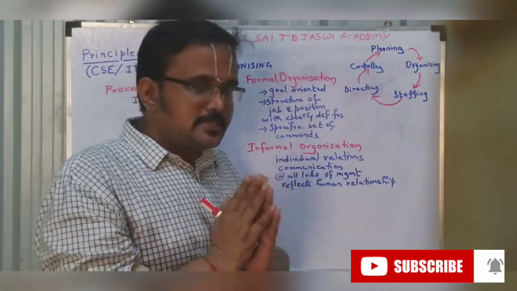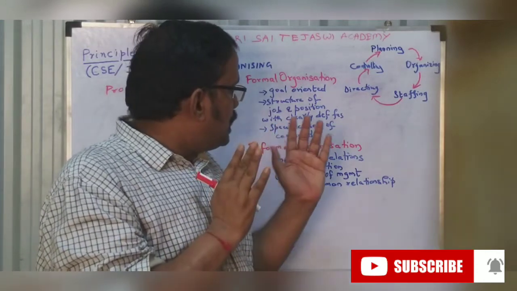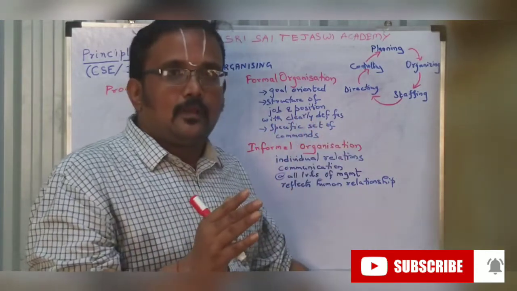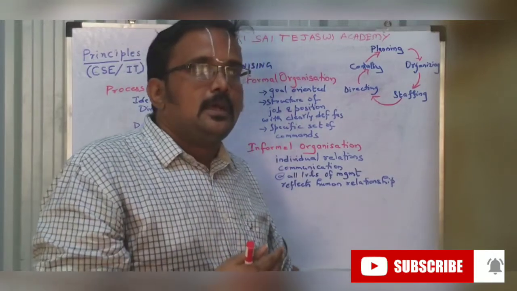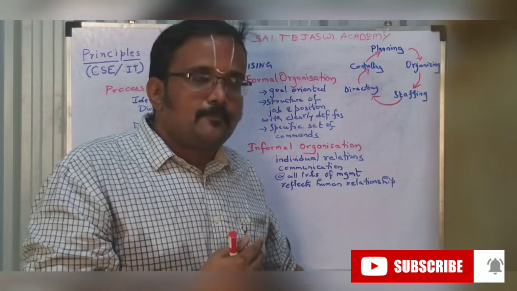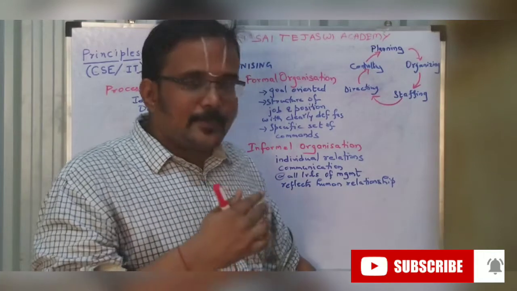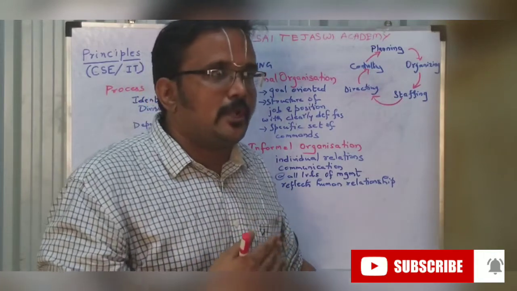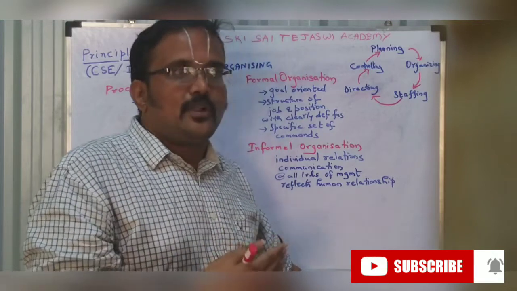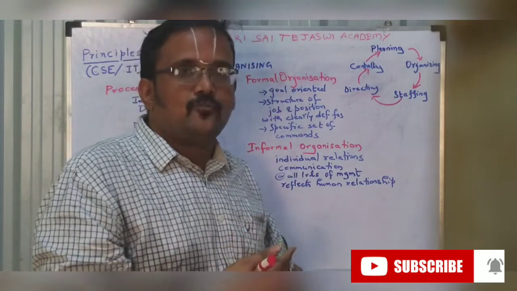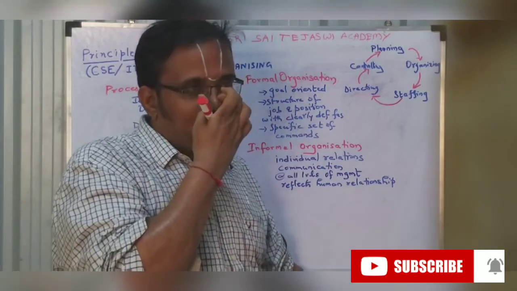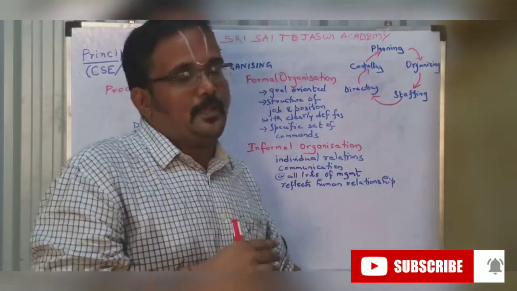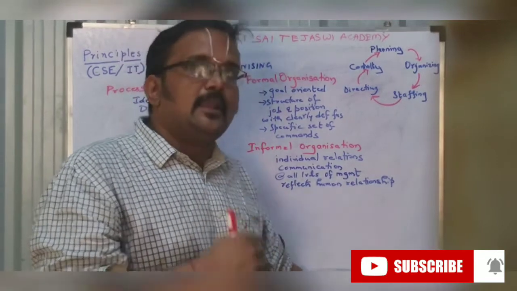Informal organization means, I work in a company. So, for example, I work in a college. I travel to college by college bus. So what happens in due course, after my joining of 1 month or 2 months, I befriend a staff member who sits near me in the bus. He is from a very different department, ECE staff. He is my friend. This has happened in real life to me.